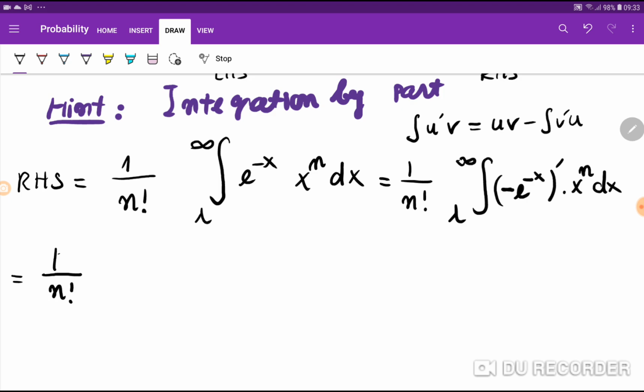According to that, we use this theorem: if you recall, the integral from a to b.